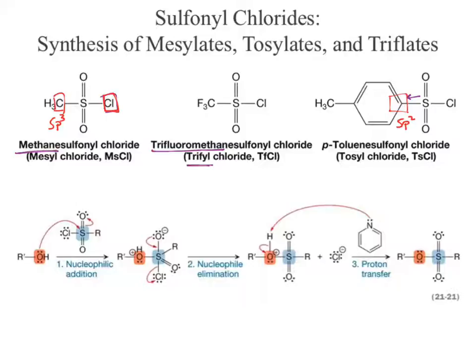We saw it in that case because what we were trying to do was activate our R group by making a good leaving group. Okay, but to get it on there, we had to go through a nucleophilic addition and a nucleophilic elimination. Okay. So I don't remember the detail of when we looked at that mechanism, if we actually looked at that part of it, or we just said, hey, it goes on. Okay.